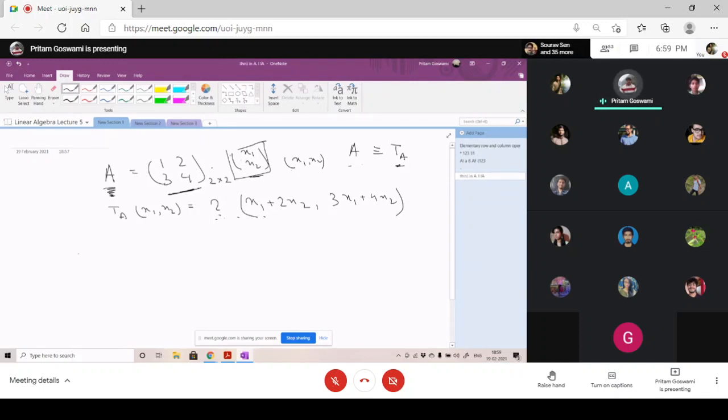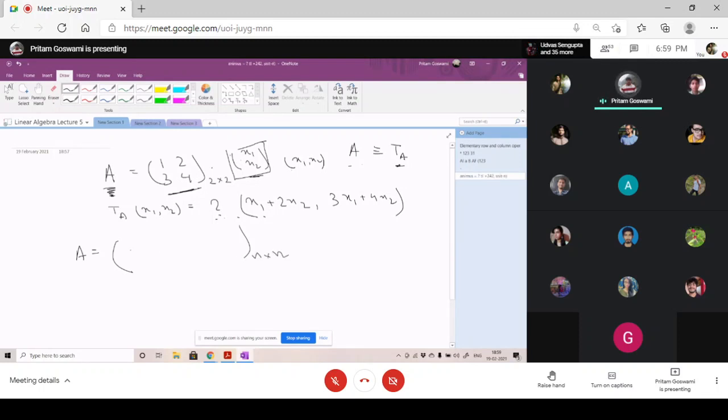So now my question is, suppose a matrix is given to you, a square matrix of dimension n cross n.